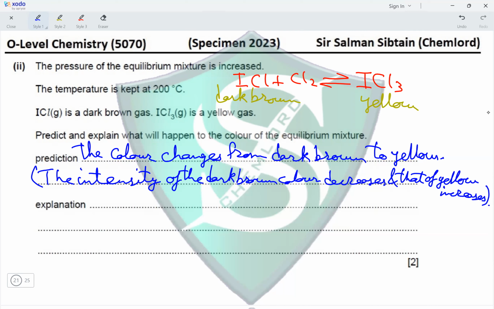Okay, so now we need to explain this prediction. So what is happening? We are increasing the pressure, right? As stated in this part.